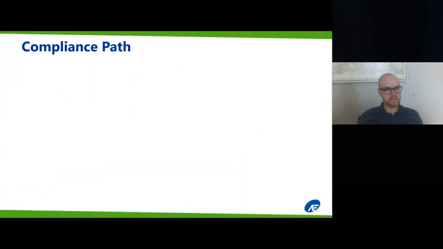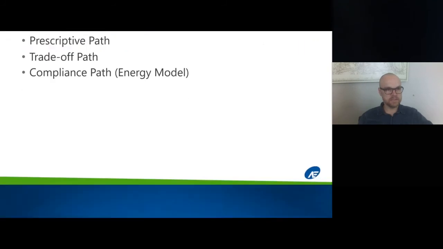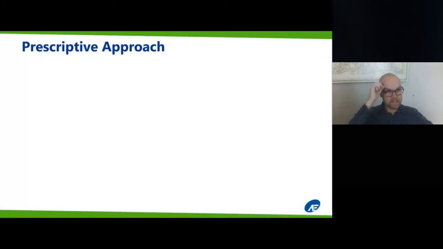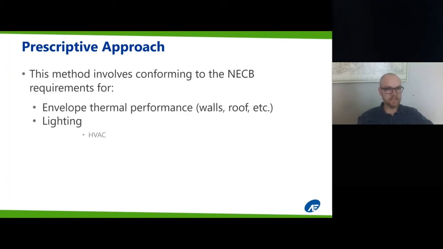So the compliance path. So we've got a prescriptive path, a trade-off path, and a compliance path. And the compliance path is basically an energy model. And I'll go into each of these right now. So the prescriptive approach is a method that involves conforming to the NECB requirements for envelope, performance, lighting, HVAC, service water, electrical system, and motors.